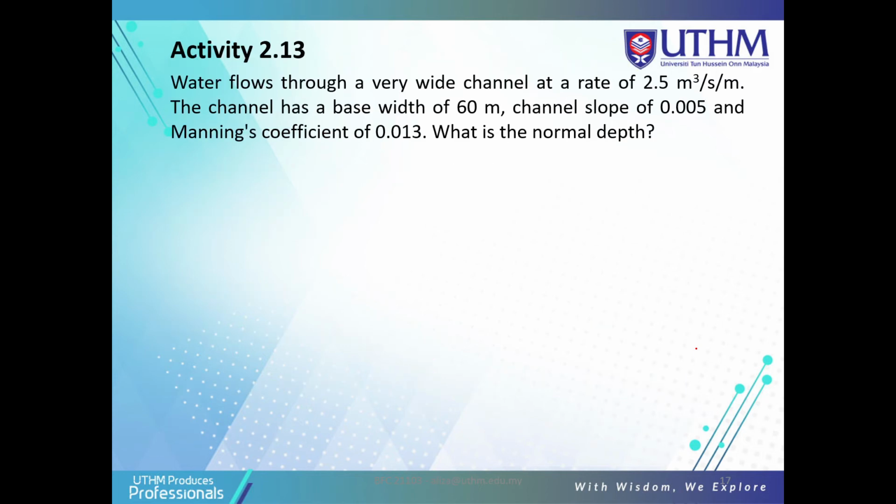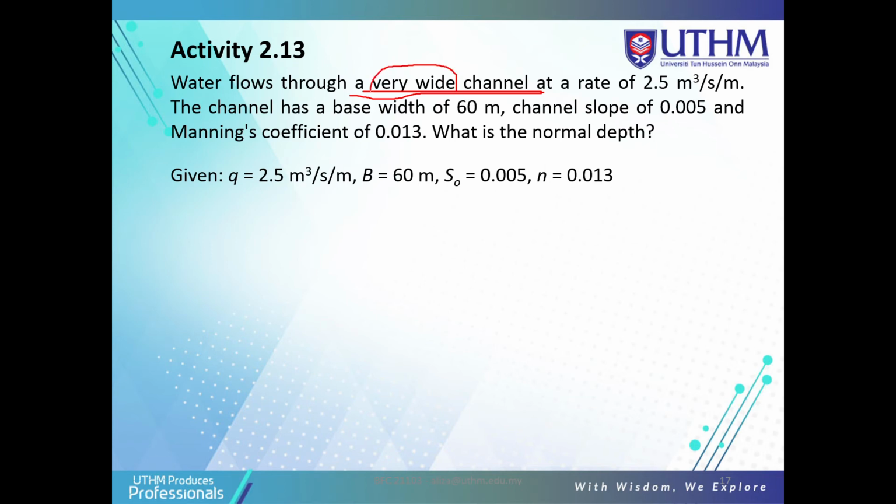Look at activity 2.13. Water flows through a very wide channel. You must understand the text in this question. If it mentions a very wide channel, automatically you use the rectangular channel.